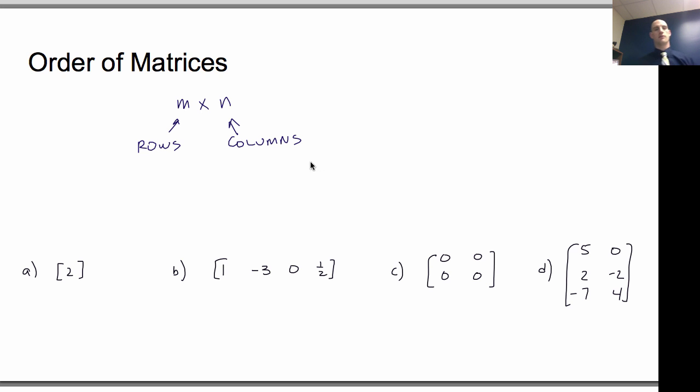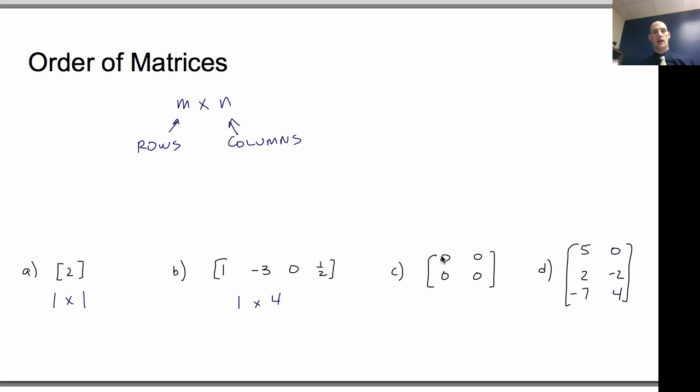For example, if we have just one element, we ask ourselves how many rows there are and how many columns there are. Columns, of course, go up and down, rows go side to side. In this case, there's one row and one column, because it's just one element. In B, the number of rows is 1, but the number of columns is 4, because I have 4 elements side by side.